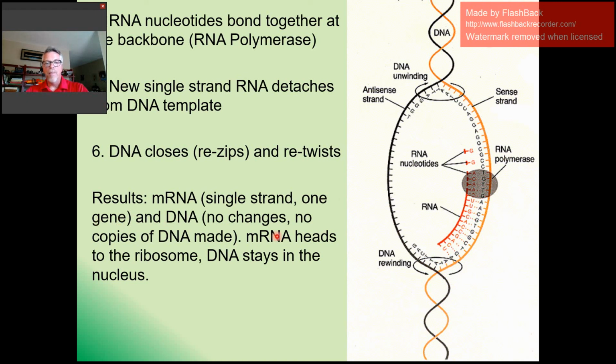And the mRNA will leave the nucleus and go to the cytoplasm to find a ribosome so that it can be translated into a protein. The DNA, of course, stays in the nucleus. It is unchanged by this process. It's just being copied. Good?